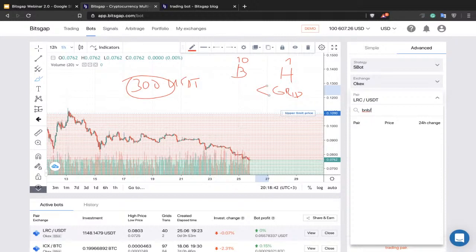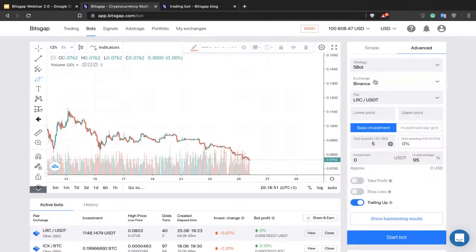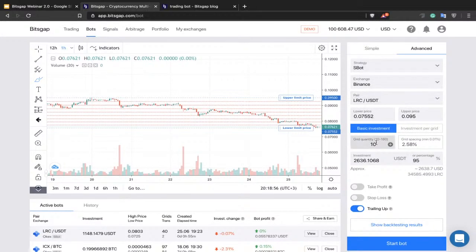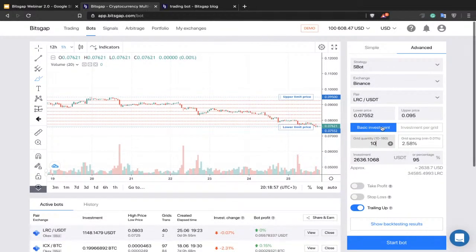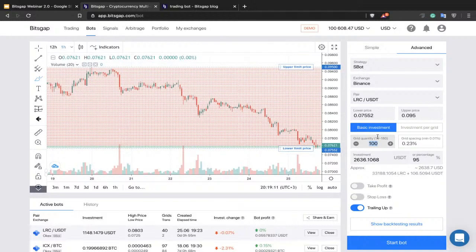But it can be the case for you to use another cryptocurrency exchange, not only Binance, to launch the bot with 100 grid levels that you are looking for. Because it can be that for Binance to launch this amount of grid levels, that's $1,000, but on OKX it can be that it's only, let's say, $500 to launch the bot with 100 grid levels.